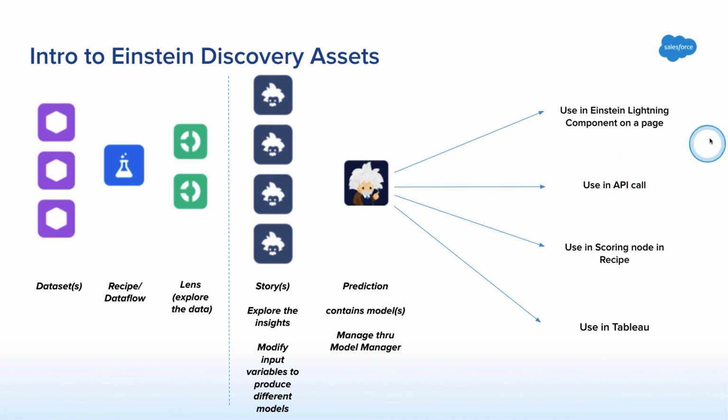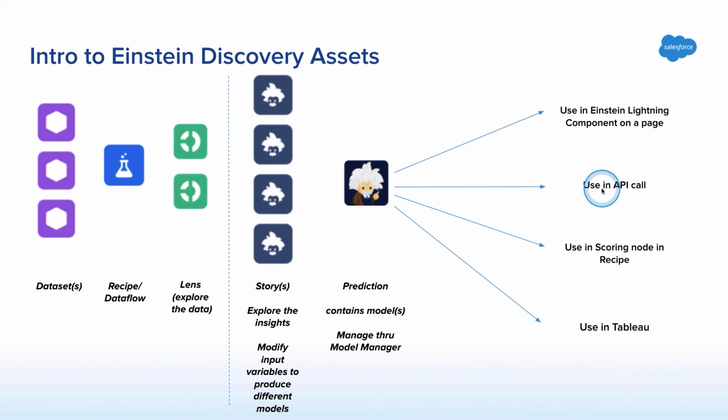It provides that to the external system. You can rescore a data set in the recipe, so you can have a full data set, and you are using the prediction so you have an actual field, and now you create a predictive field, and you have scored the data set. This can happen on a daily basis, for example, because you're scoring the live data. Or you can use it in Tableau as of our latest releases. You can take that and put it in the dashboard layer.